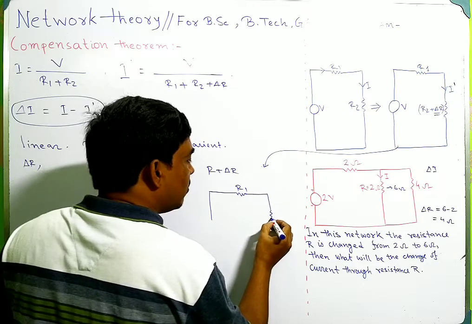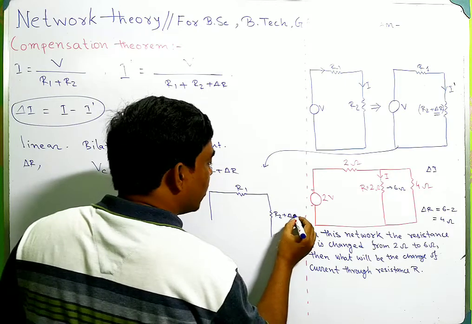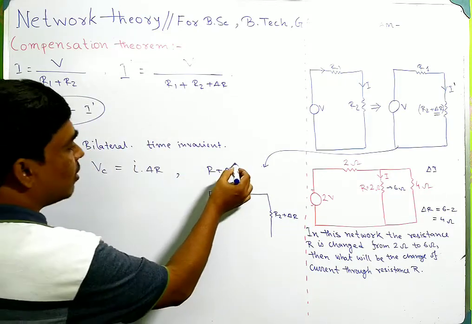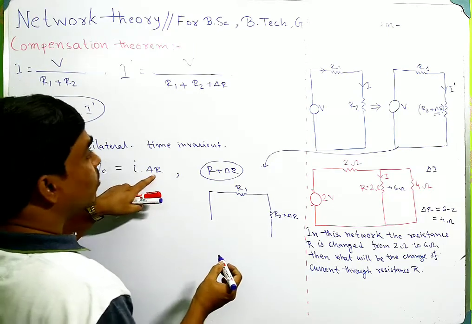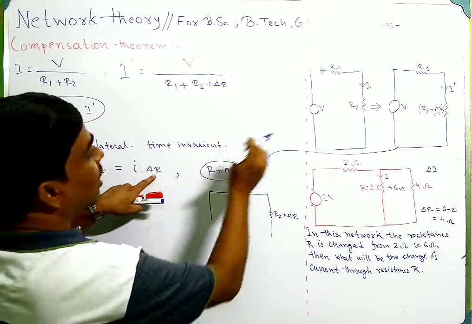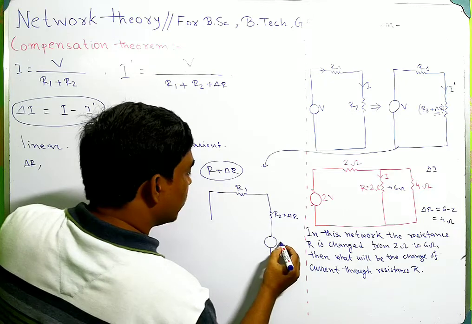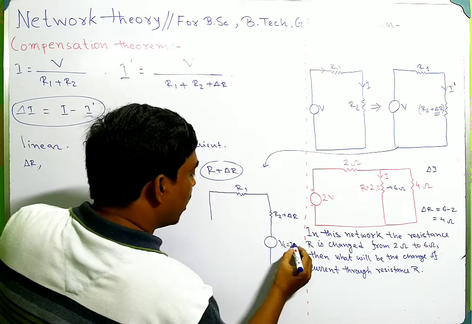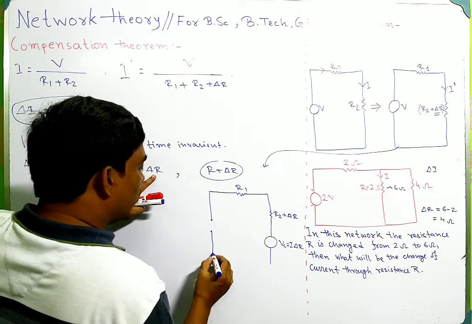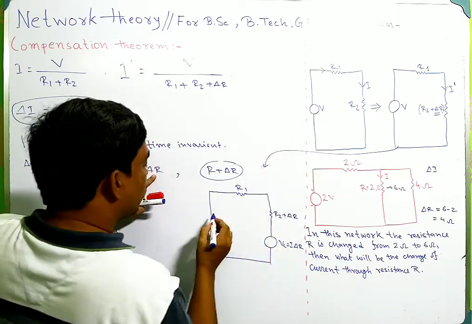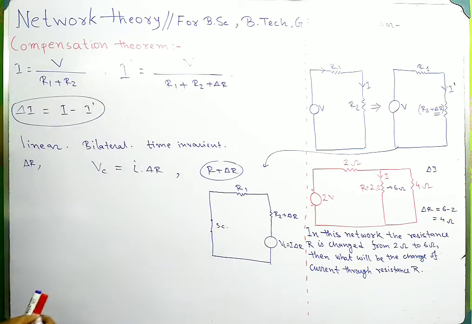Now this resistance R2 is replaced by R2 plus del R in series with a voltage source Vc such that Vc equals I into del R. Here I is this I. And this voltage source must be short circuited. So this is short circuited.